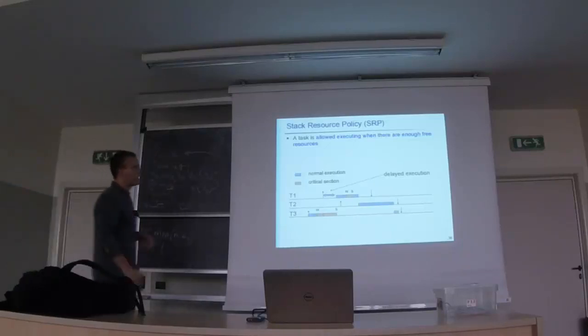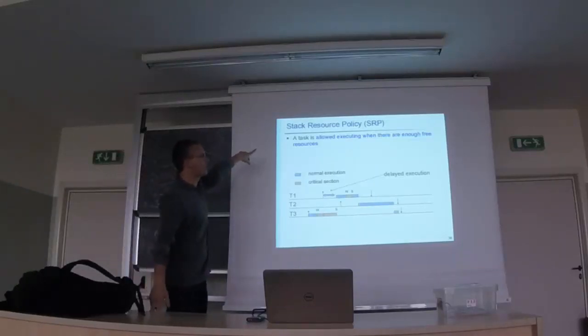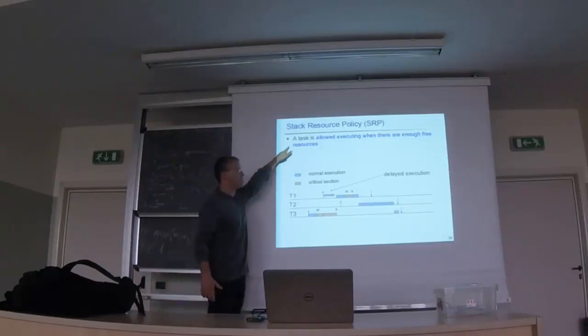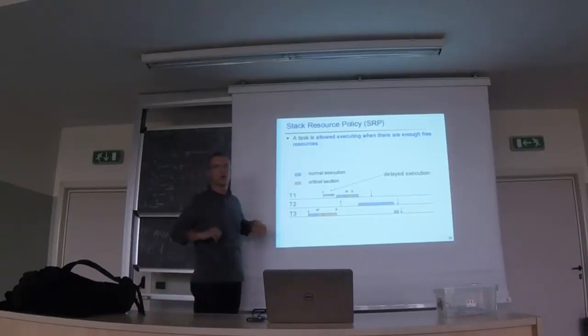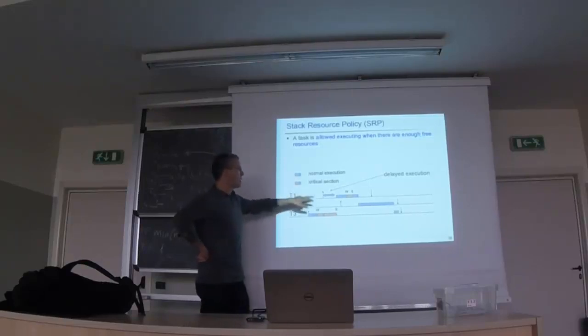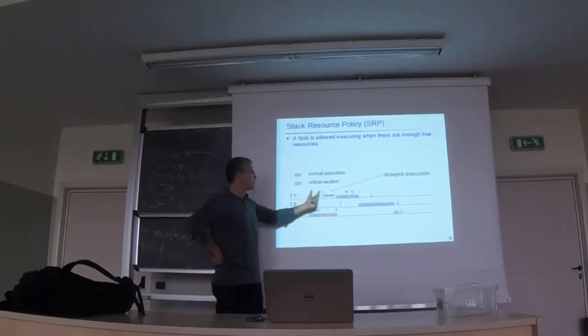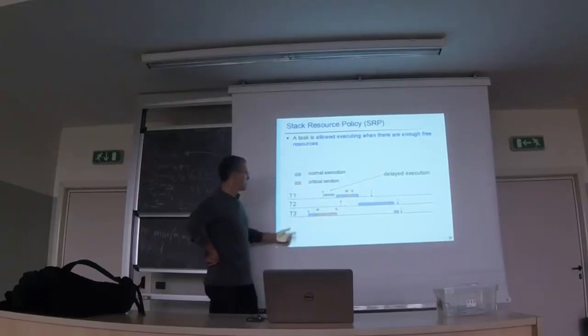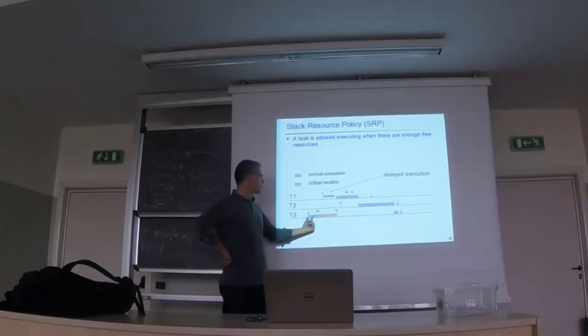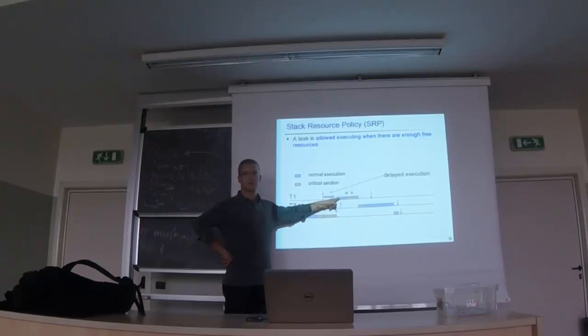A task is allowed to execute when there are enough free resources. That's a general notion. How do we implement that? We have normal execution and we have critical sections. Here a task starts normal execution, makes a lock request, and the preemption is not granted.